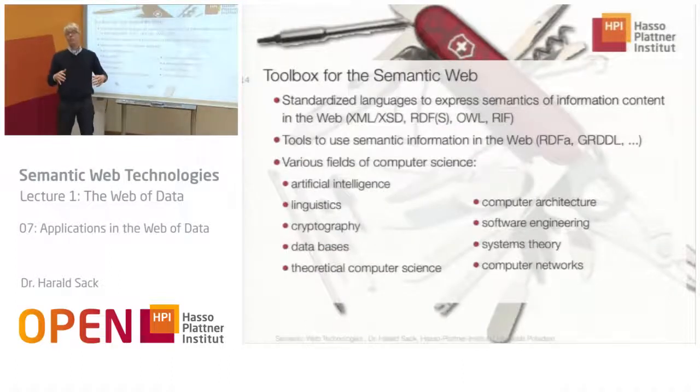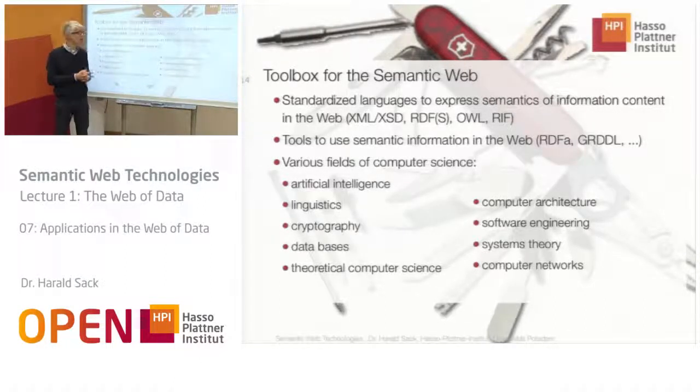And if we look at computer science in general, the toolbox that we have for the semantic web, of course, is a bunch of standardized languages and knowledge representations that we have seen first in this semantic web technology stack, for example, XML, RDF, OWL, or also rules, given by RIF, the rule interchange format.